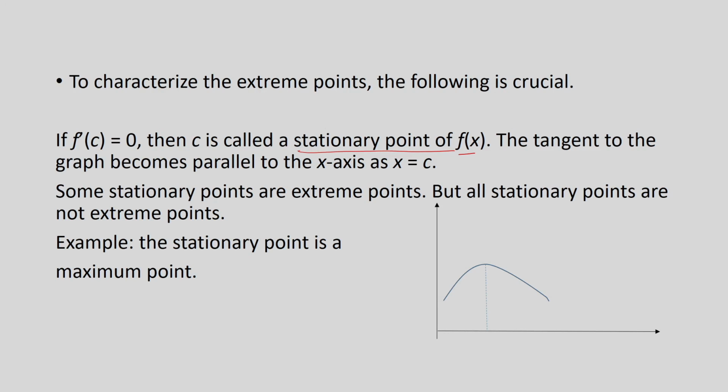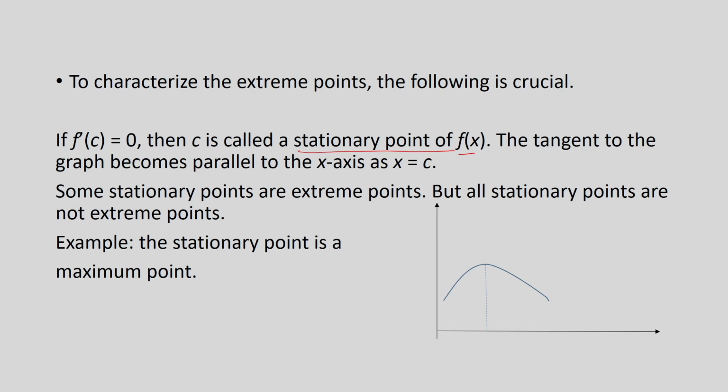Now, if I have this function f such that at point c f dash of c is equal to 0, what does it mean? It basically means that at this particular point c, the tangent to the graph is parallel to the x axis. This is very obvious because the derivative of a function at a particular point is nothing but the slope of the tangent.